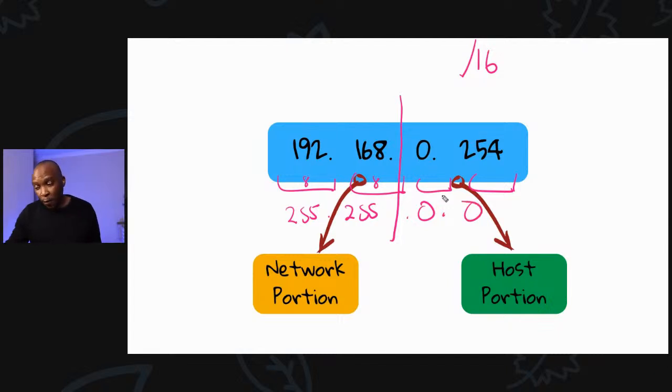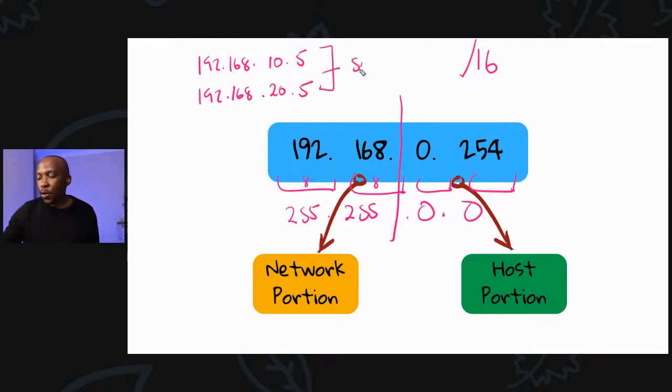So wherever we've got 255, it means this has to be identical. And what does that translate to? It means 192.168.10.5 and 192.168.20.5 belong to the same network.